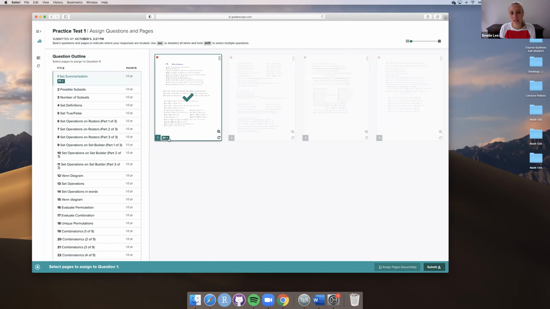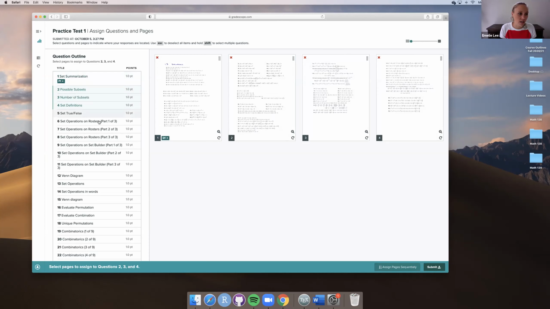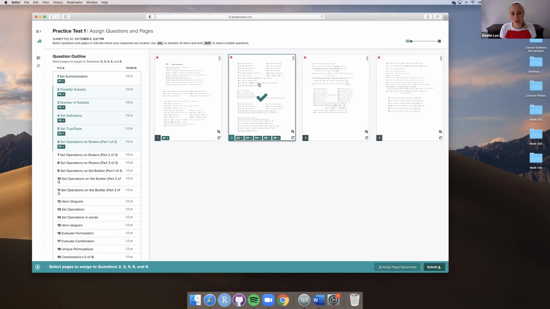You'll see that it comes up down here, and you can move things around. You can do lumps of questions, so you could do question 2 and then hold down the shift key. The numbers 3, 4, 5, and 6 were on the second page.